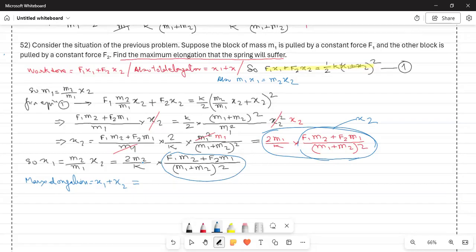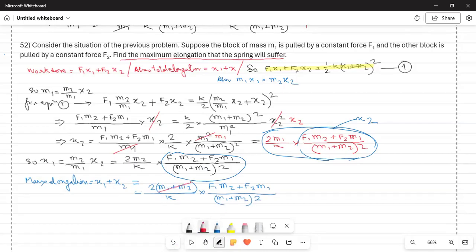So I have 2 times m1 plus m2 by k, multiplied by F1 m2 plus F2 m1 divided by m1 plus m2 square.